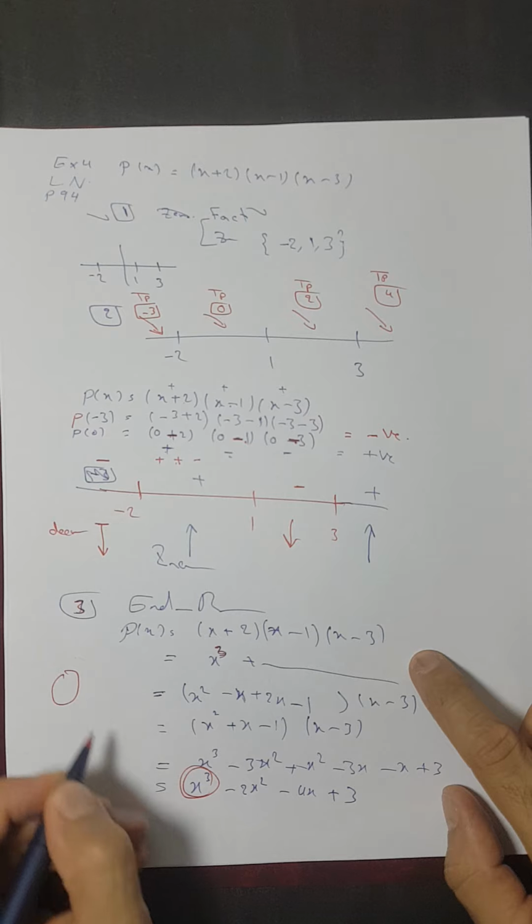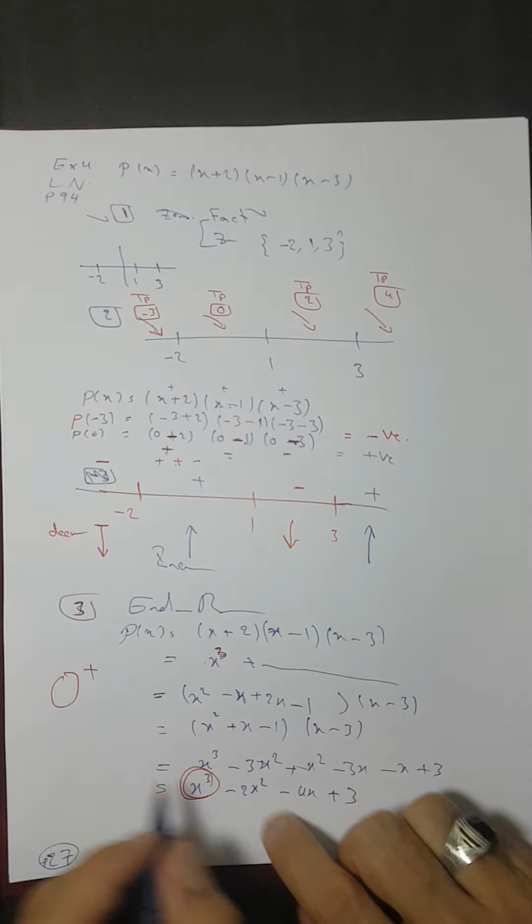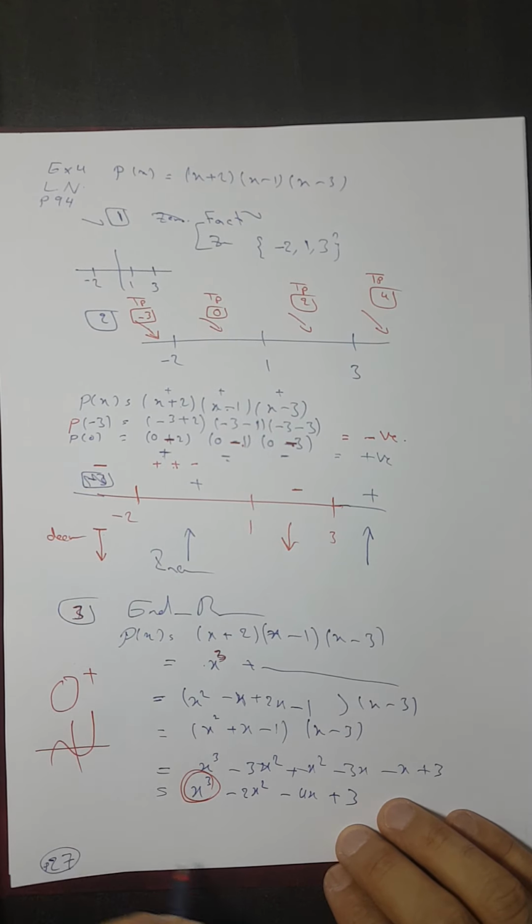I have odd degree. Okay, positive or negative? They are positive. So tell me about the shape. The shape is something like that, right?